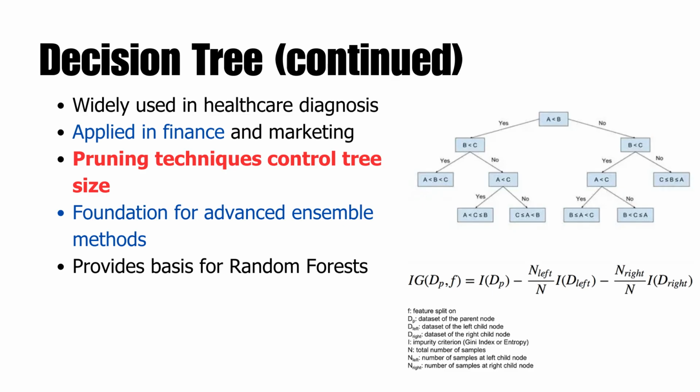Decision trees will have the tendency to overfit the training set and subsequently lose on unseen data. To control this, techniques like pruning are used in an attempt to minimize the tree. Despite their limitations, decision trees provide a firm foundation for more advanced ensemble methods such as random forests, which capitalize on their strengths to improve accuracy and stability.